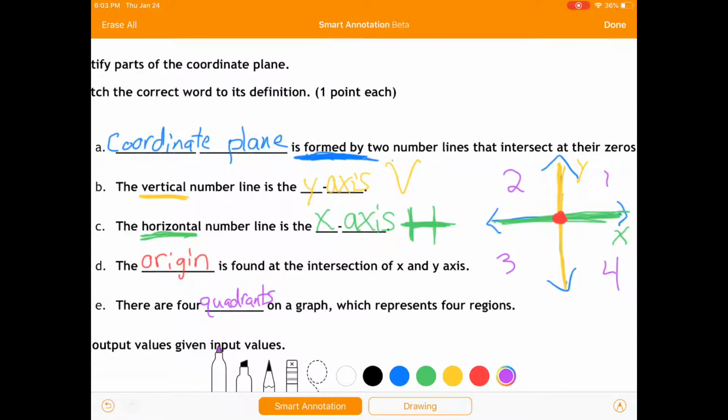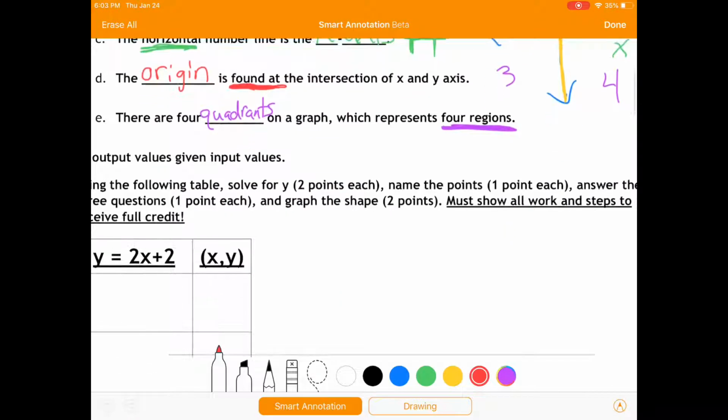The key word in this one is 4 regions. And to make sure you know about D as well, I'm sorry that we're having to go backwards. But for D, make sure you realize that the origin is a place, so it's going to be found at. Those are the key words that you need to pay attention to for your assessment.